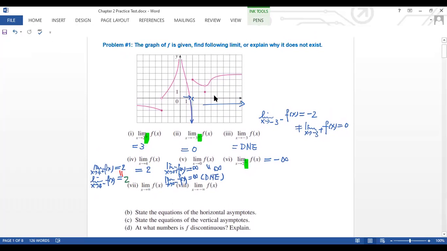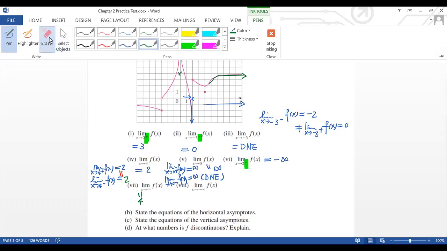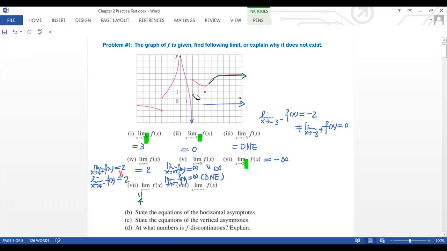It's this graph, right? So you go along here. So what does your graph approach? It approaches this line, right? So it's 1, 2, 3, 4. So this is 4 here. Right, clear?